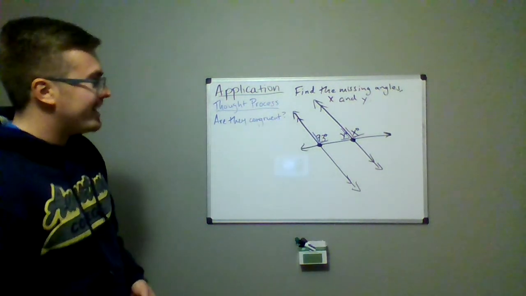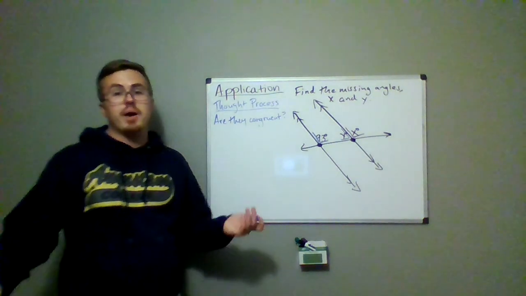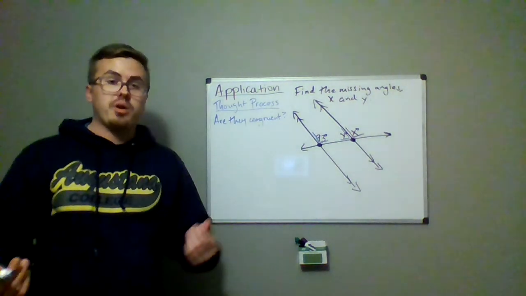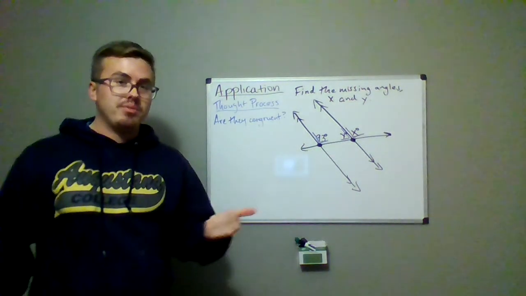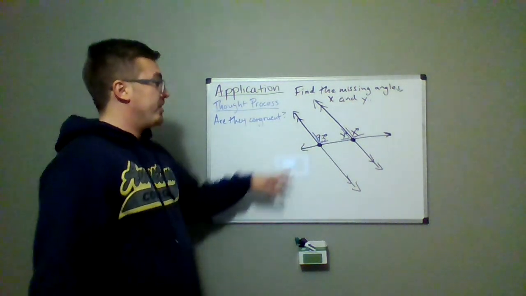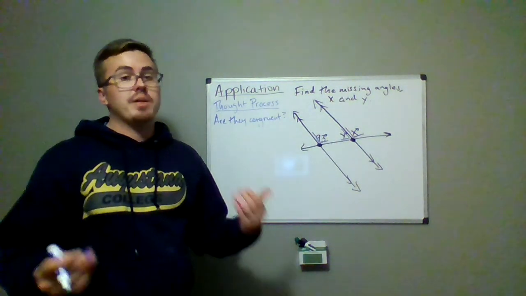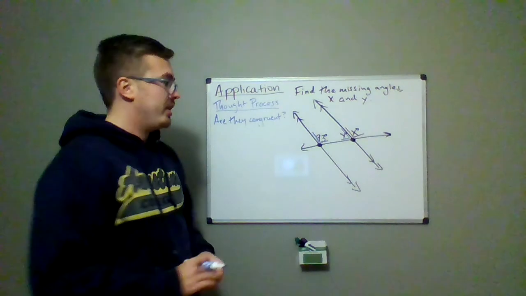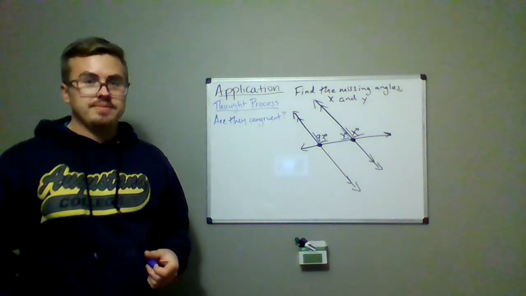Well, they don't look like they're congruent because this one's big and this one's small, but it's pretty close. They might be congruent, so let's go through our angle pairs. They're on different vertices, so they can't be vertical. They're both on the inside of the parallel lines, so they might be alternate interior. However, what makes them not alternate interior?